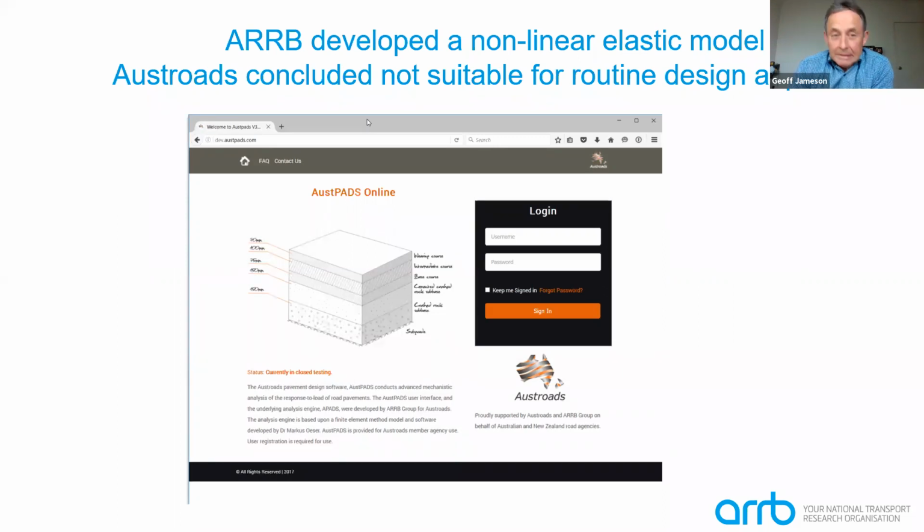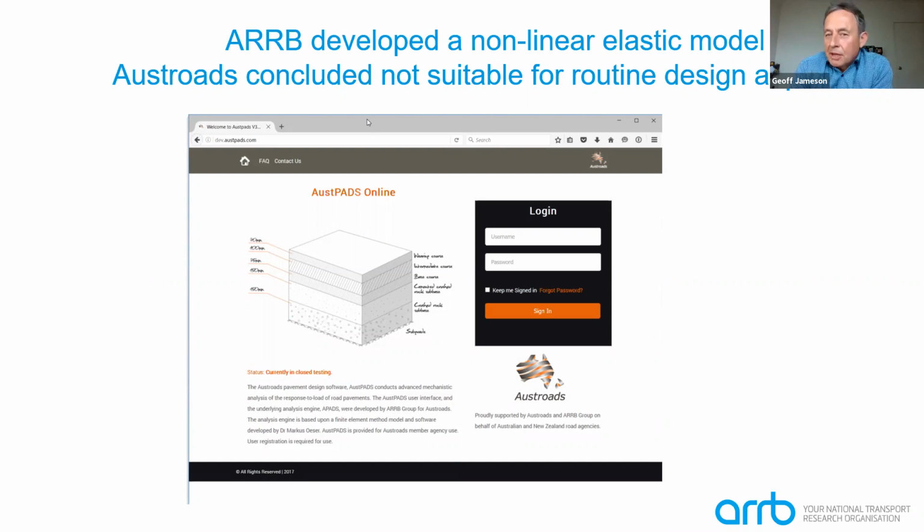They were saying there's no information in providing a better response to load model that we really need to change our thicknesses, because the thickness in our mechanistic-empirical method is based on empirical information about field performance.